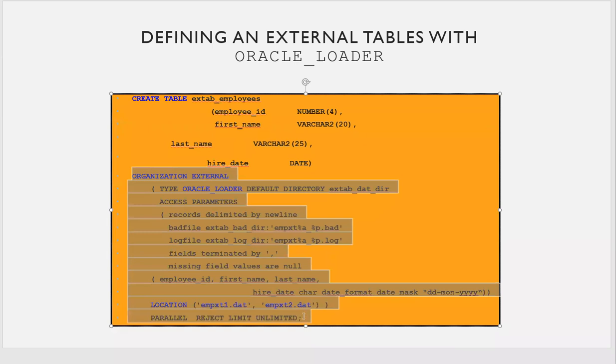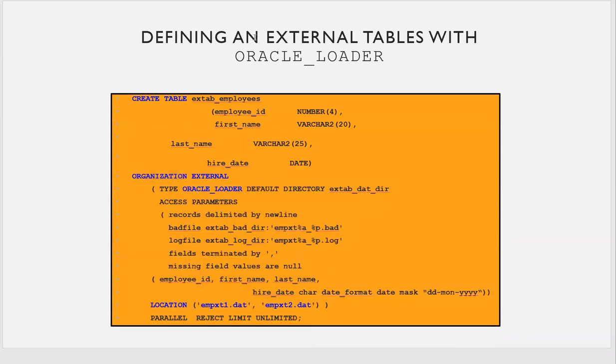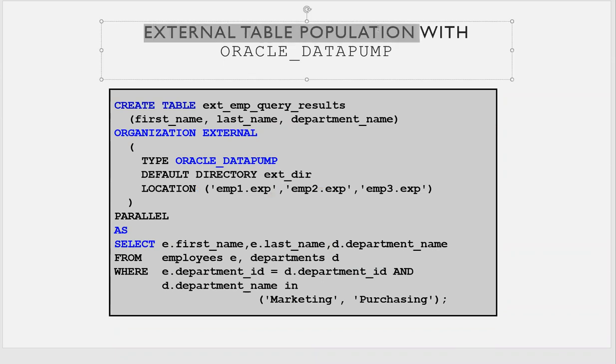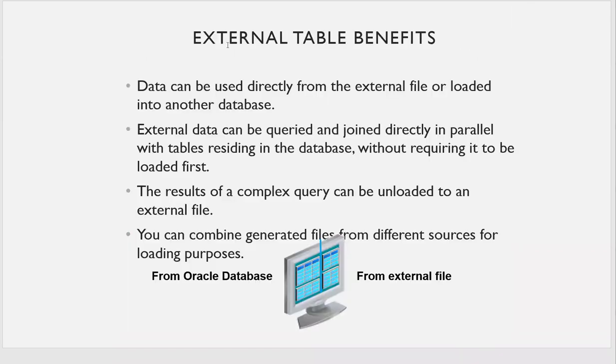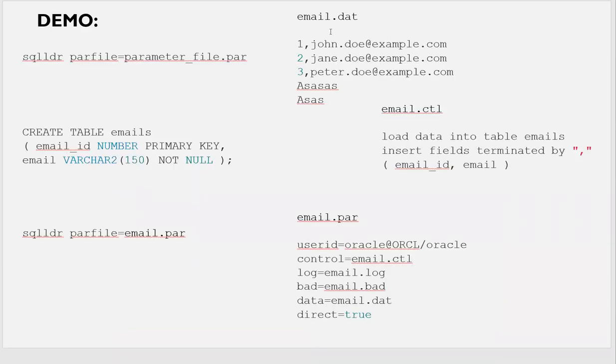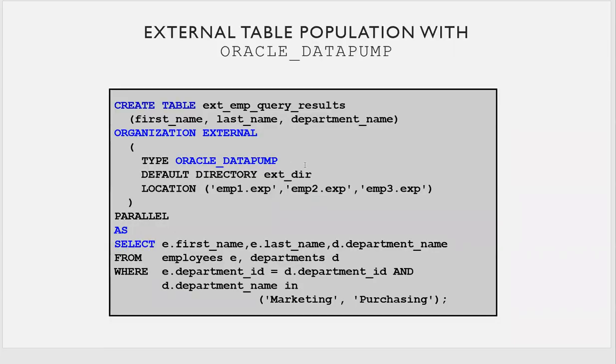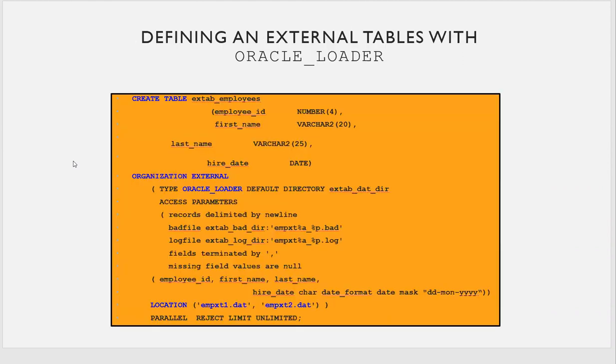Organization details you have to give like this, and then defining external tables with the Oracle loader, and external table population with Oracle Datapump. There are many methods to load external tables, but it is as simple as that. The data will be coming and residing on a certain path, and by defining that path, you can directly read your external tables.